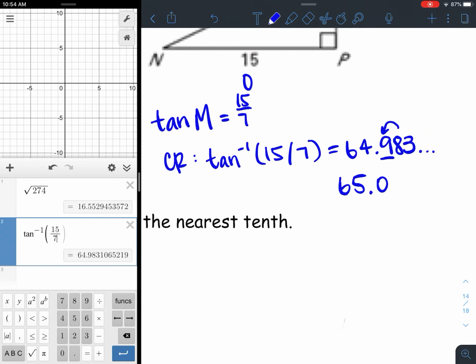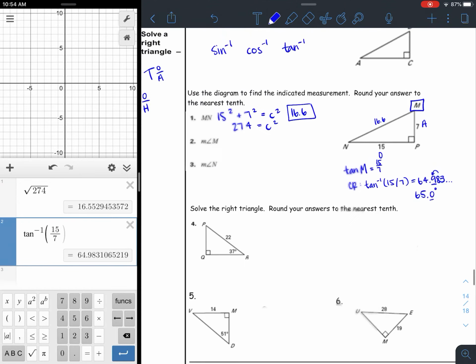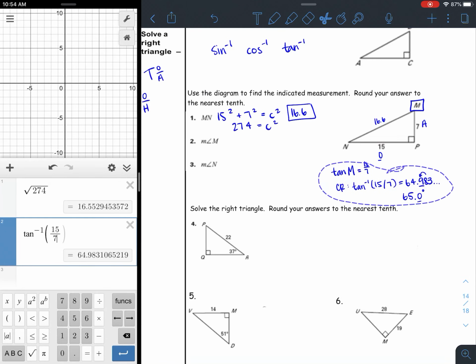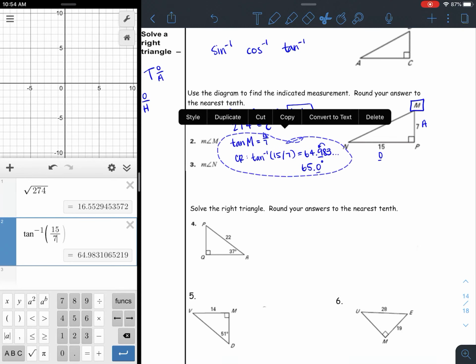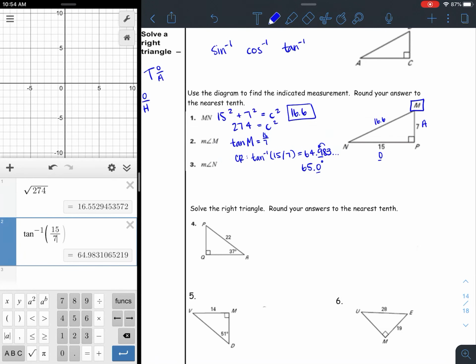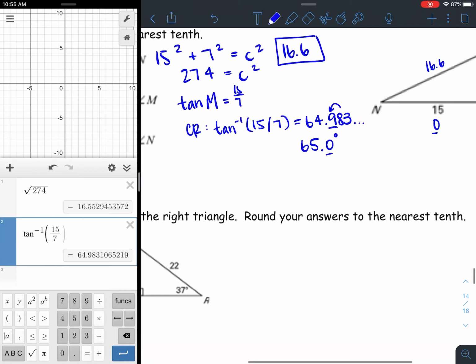So make sure that you attach that .0 to the end of it. I'm going to go ahead and move all this work over. So there is M.